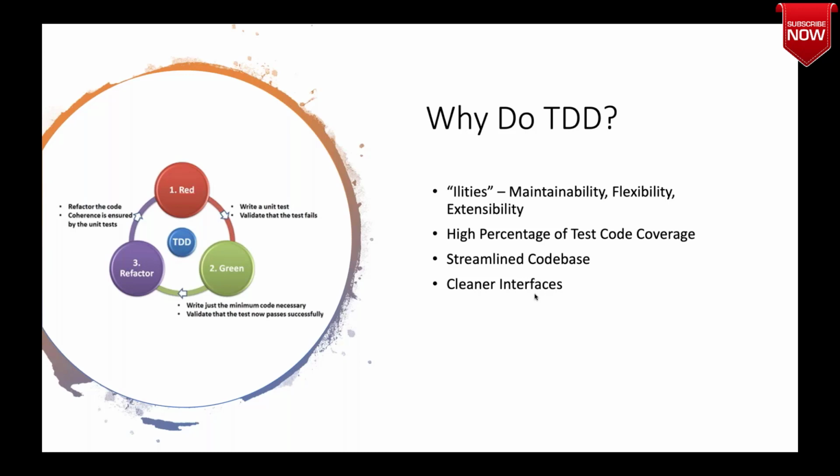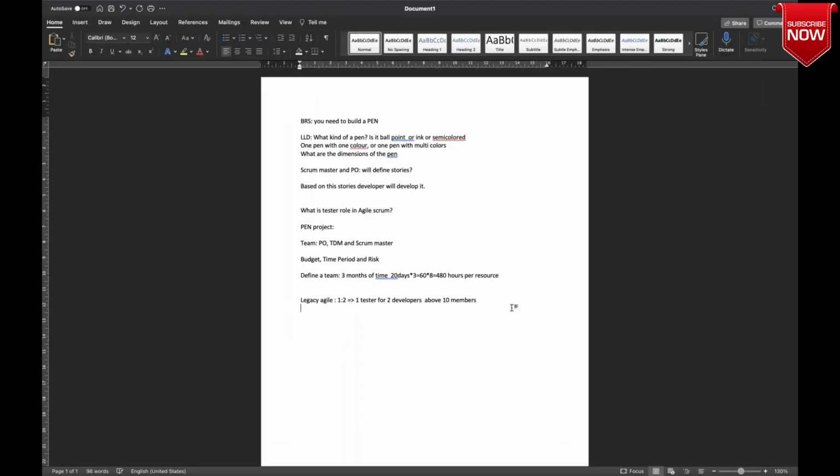When we define a story, you will have an agile story in Jira, right? Let me explain here. When we define this agile story, you will have an acceptance criteria.